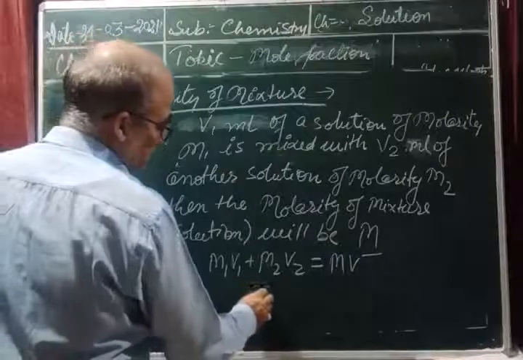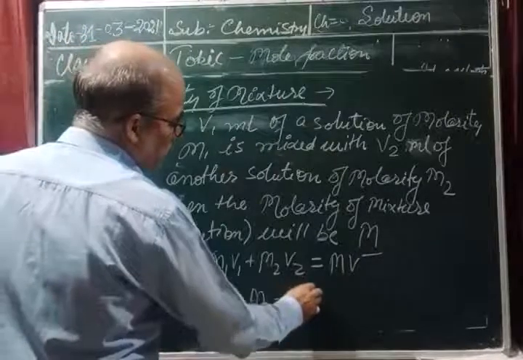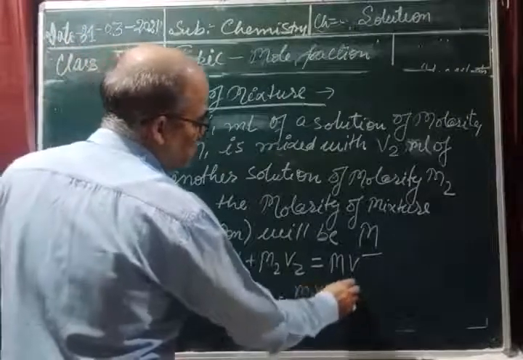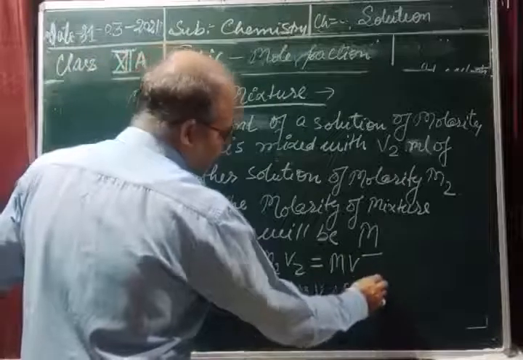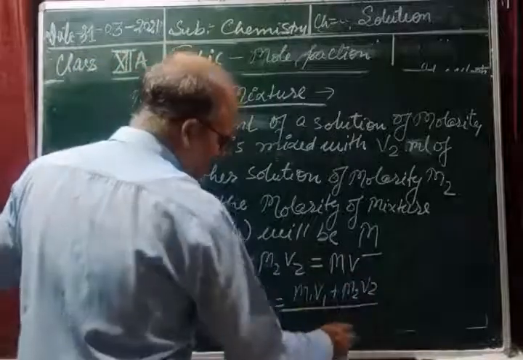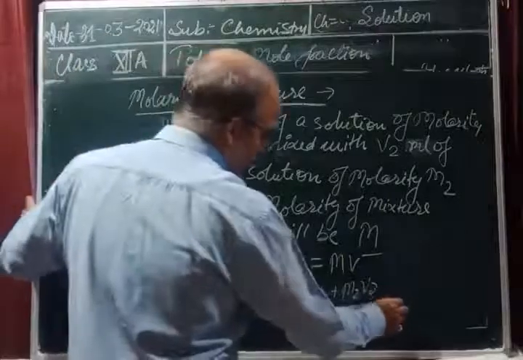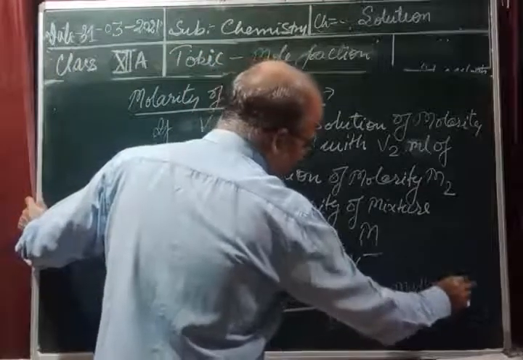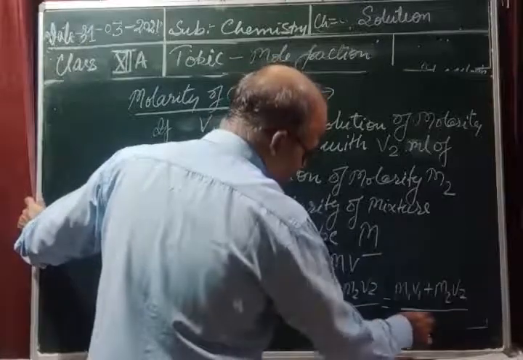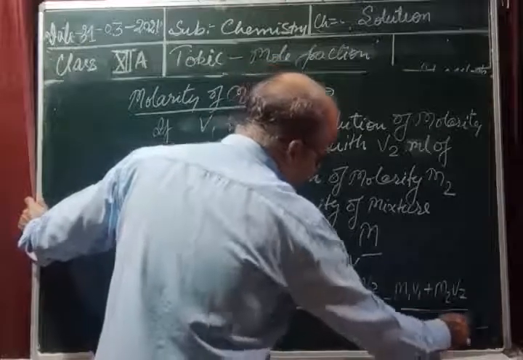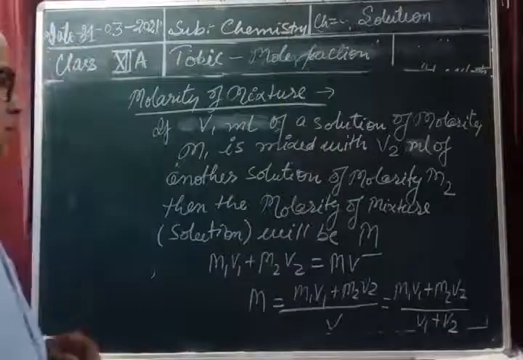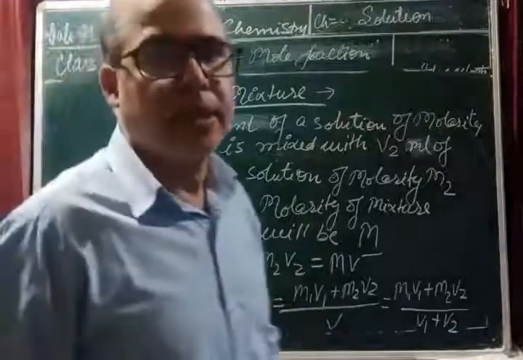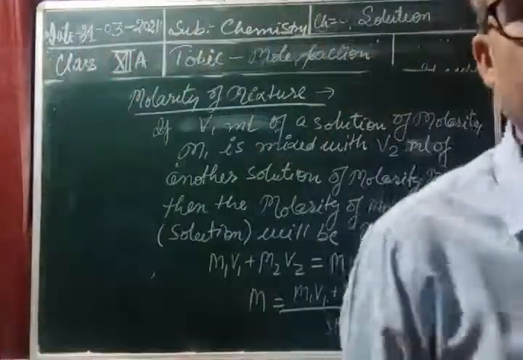You can write this formula M is equal to M1 V1 plus M2 V2 upon V, or M1 V1 plus M2 V2 upon V1 plus V2. This way you can calculate the molarity of the mixture.